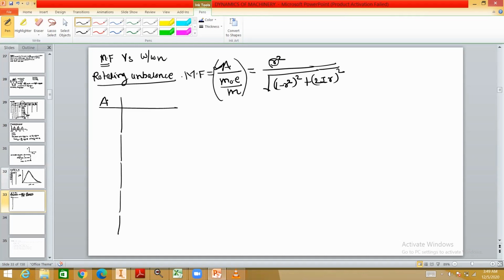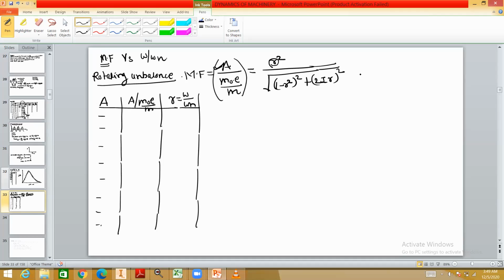This is your A value, the second value will be A upon m0e upon M, and the last value will be the frequency ratio r, omega divided by omega n. So just find out this value m0e upon M.